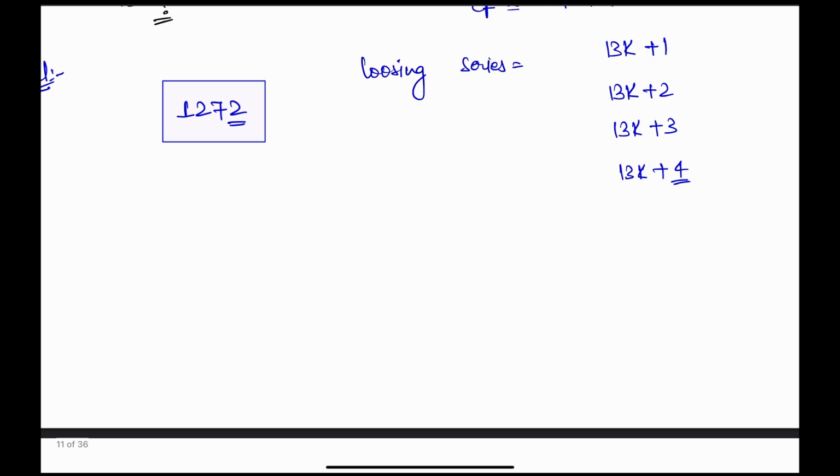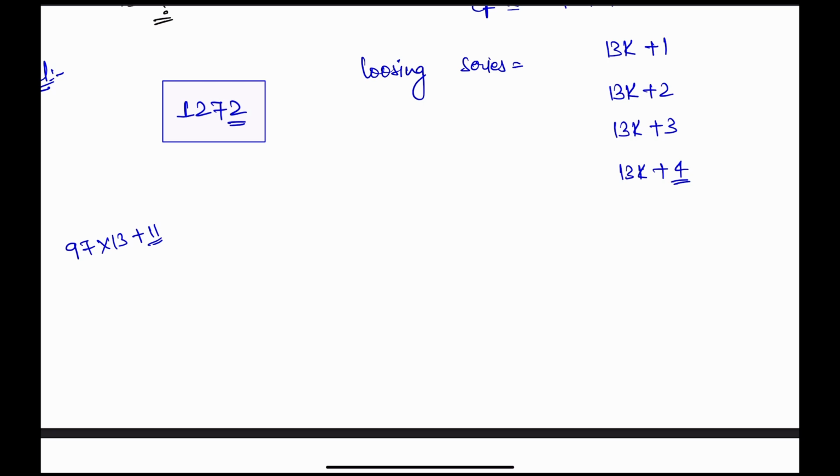So the nearest of it is, 13 into 97, plus 11, I guess. Yeah.